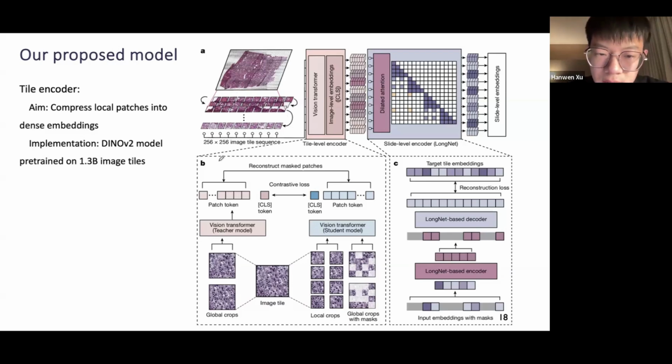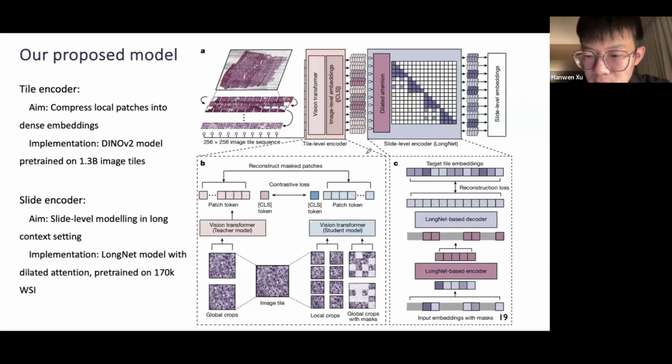After the tile encoder, the slide encoder comes in. The slide encoder is basically a LongNet model. The adaptation here mainly refers to the fact that the traditional LongNet model works at the image pixel level, but here the input is actually the image embeddings, which are already converted by our tile encoder.